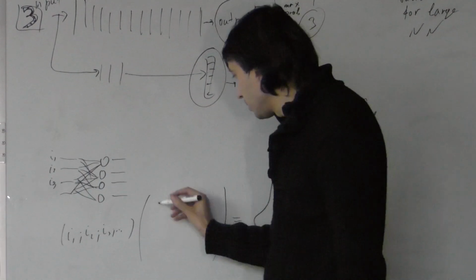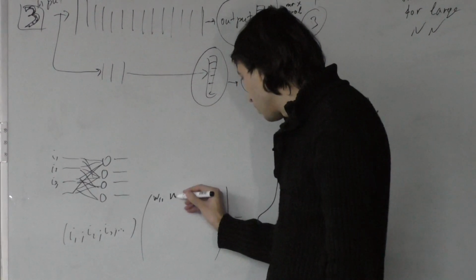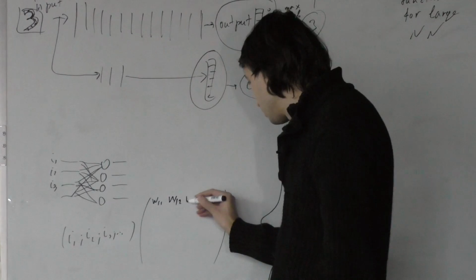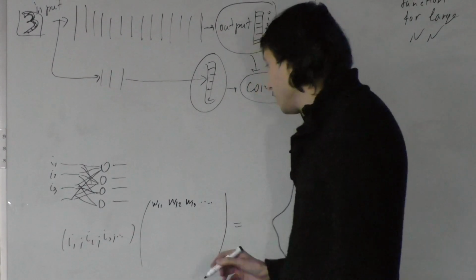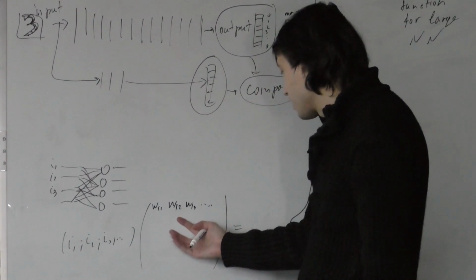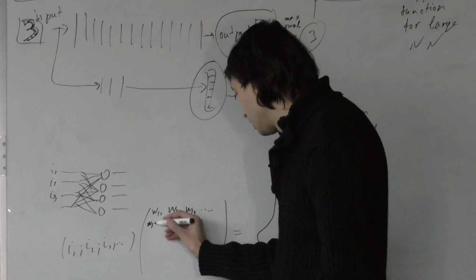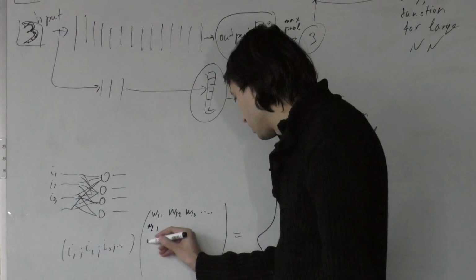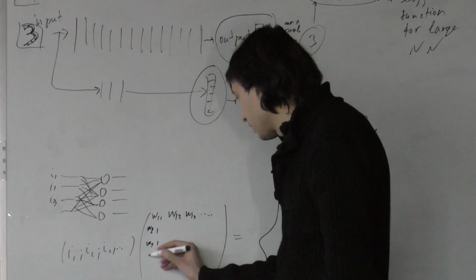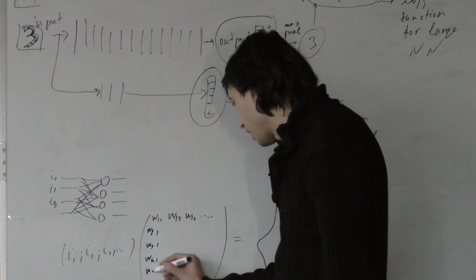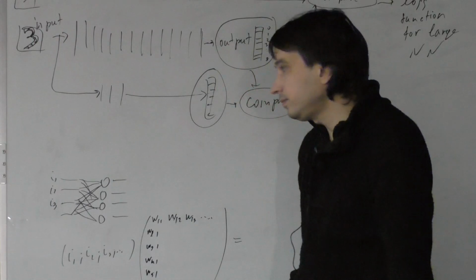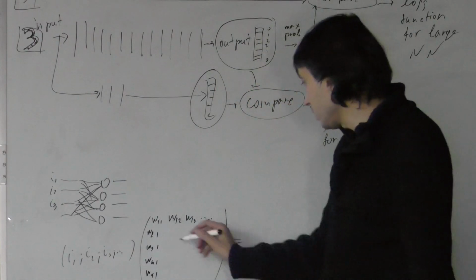So I might multiply them by some W11, W12, W13, and so on. And here I have W21, W31, 41, 51, and so on.